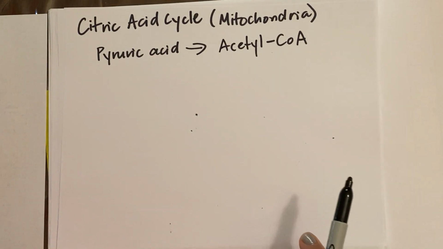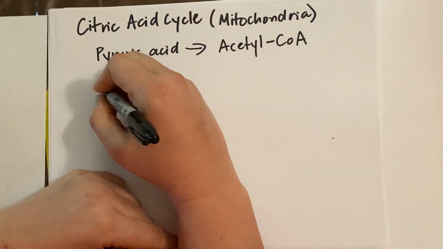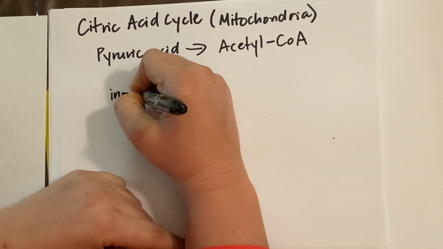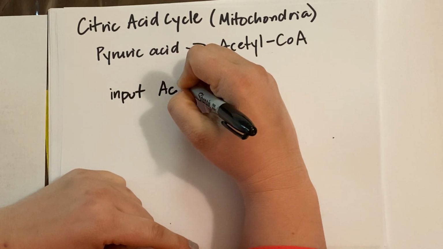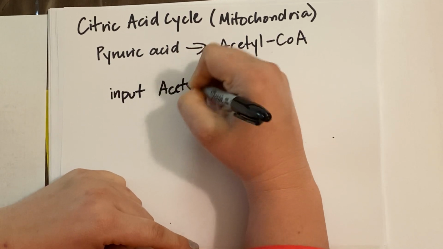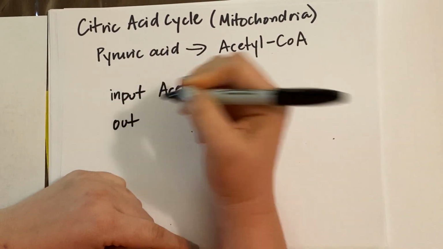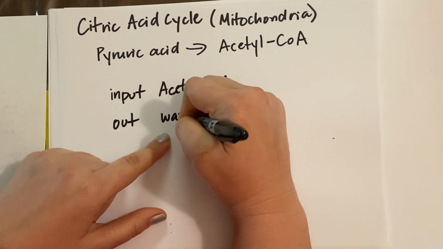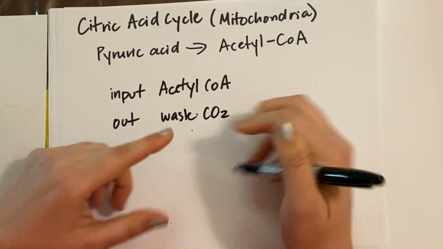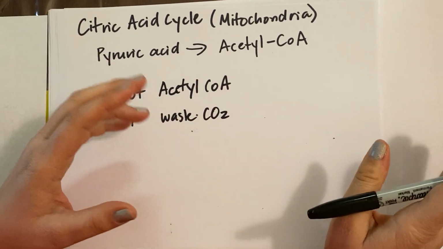All right, so once we are into the citric acid cycle, the input is going to be the acetyl-CoA. And the output of this whole process is a waste product of carbon dioxide. This is where we have broken glucose completely down into carbon dioxide.